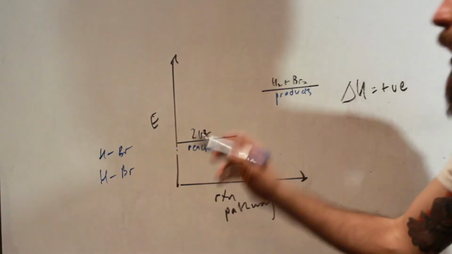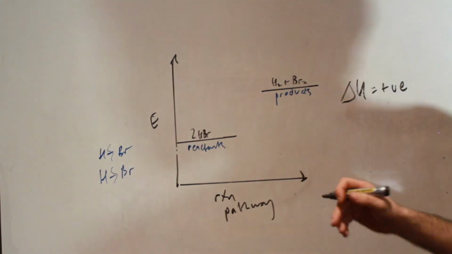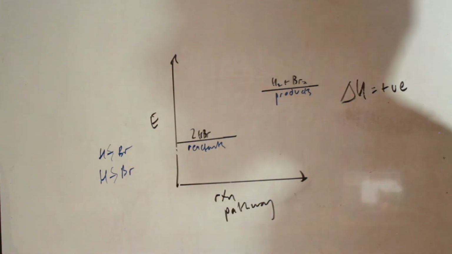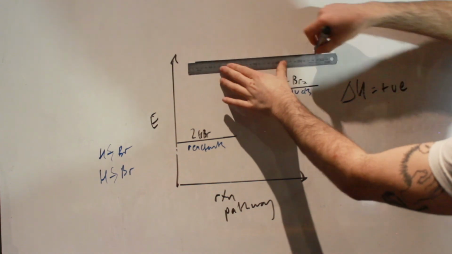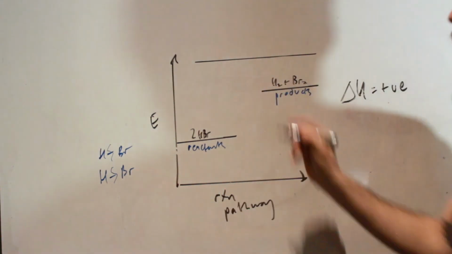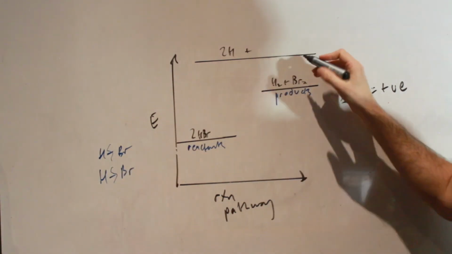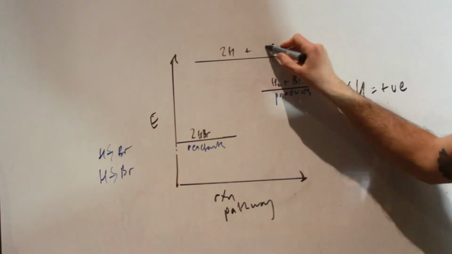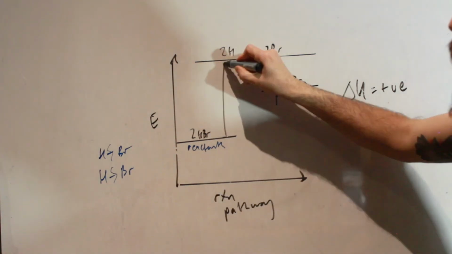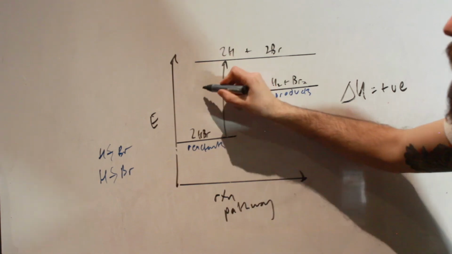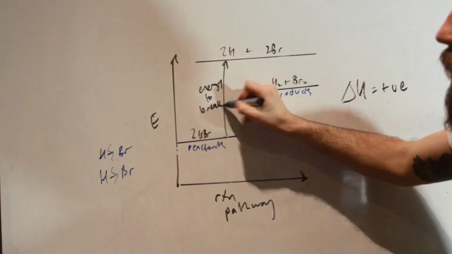Bond breaking is an endothermic process. I've got to put energy in to break these bonds, and I end up with a high energy transition state where I've essentially broken the bonds of the reactant. So that's what we have up here. And what we have is 2 H atoms and 2 bromine atoms like that. So this is the energy to break the bonds.